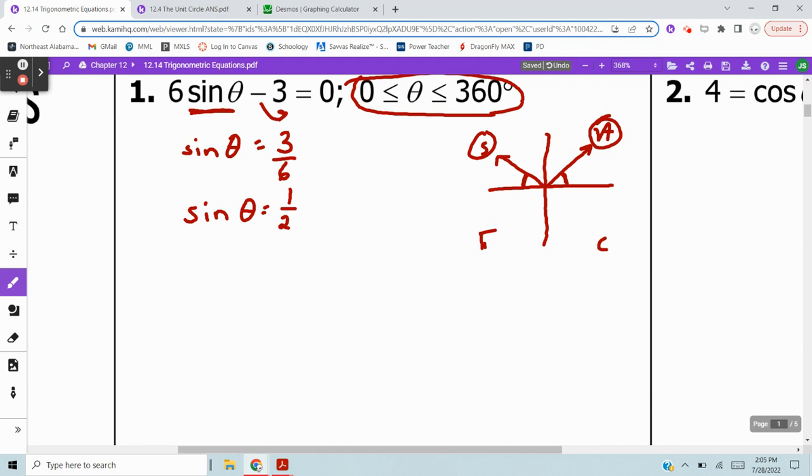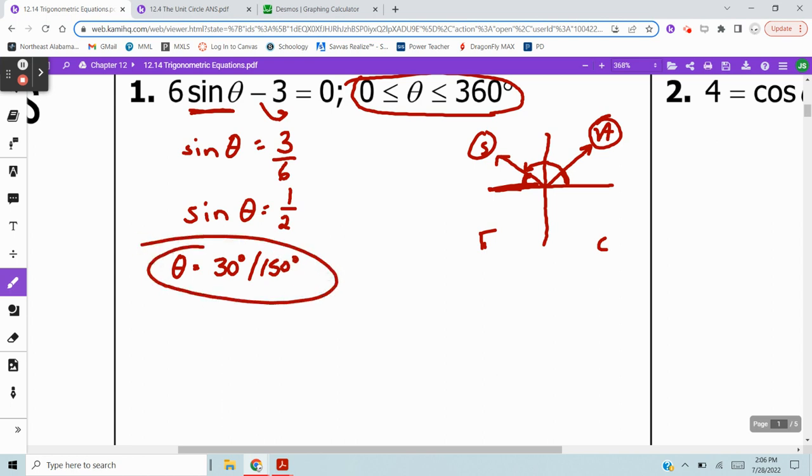Because if the sine is equal to 1/2, well, I know that the sine of 30 is 1/2, because that's one of my values that I memorized. And this angle here will also have a reference angle of 30. So if the reference angle is 30, and I know that this is 180, take 30 from that, and I know my other angle is 150 degrees. Those are the two angles that have a sine of 1/2.